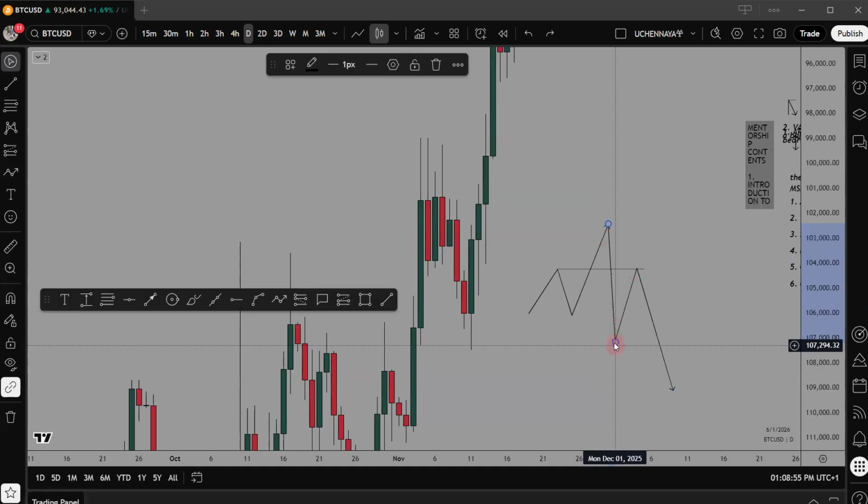This level is an RBS, but then it is broken again. So price comes into that level, retests it again, and then it's now sponsoring sales. Okay, this is what your bearish QML looks like.